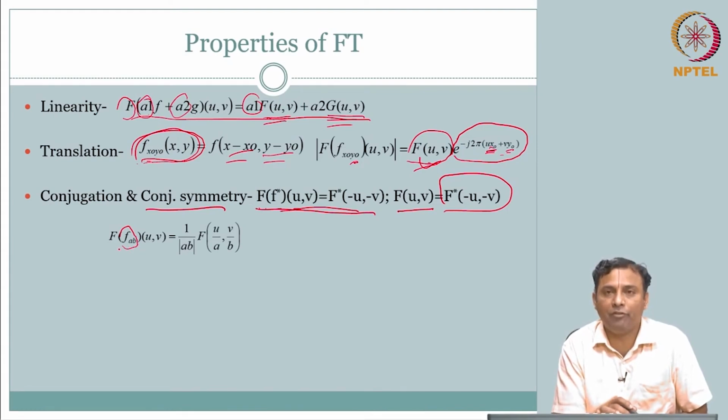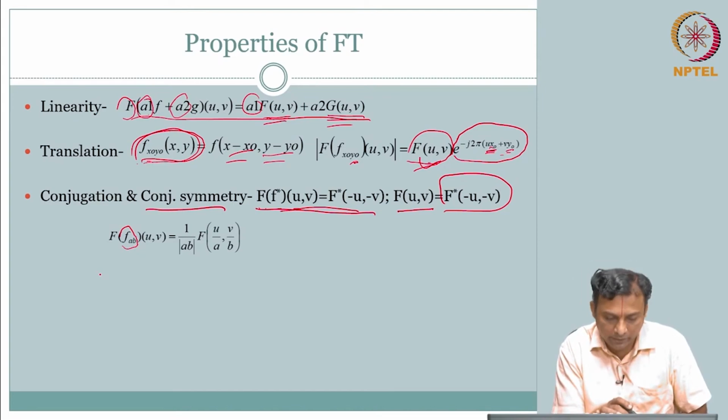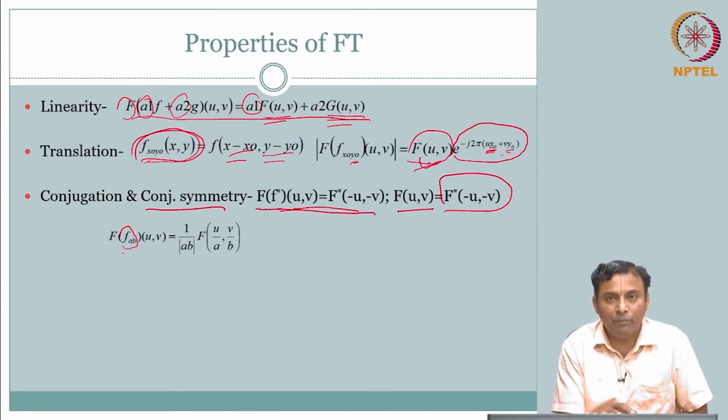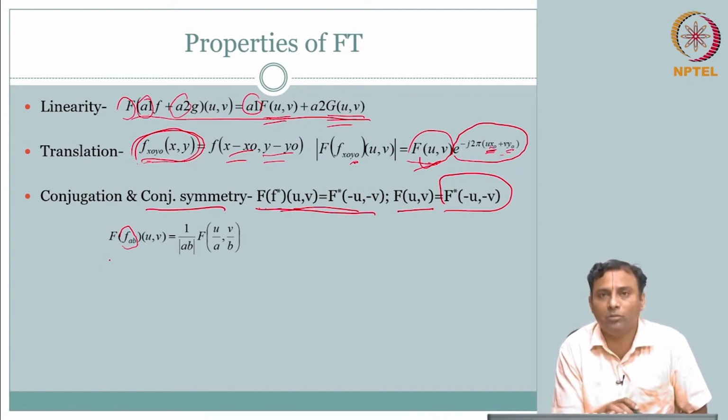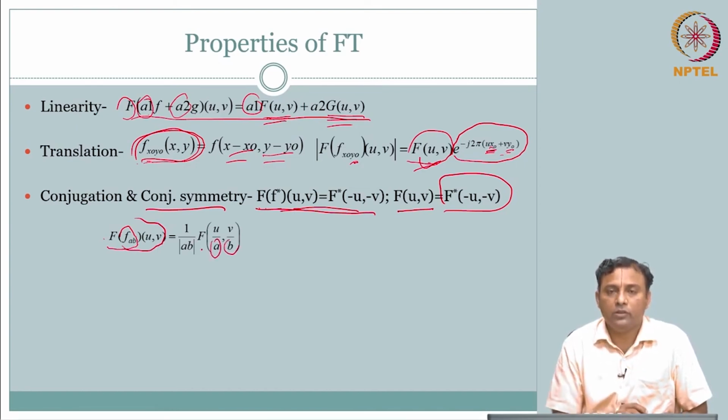If you have f of x comma y and the Fourier transform is capital F of u comma v, and I now have an input signal which is scaled, f of ax comma by, what will be the Fourier transform of that? The Fourier transform will be F of u over a comma v over b, with the inverse scaling. So this is your scaling property.